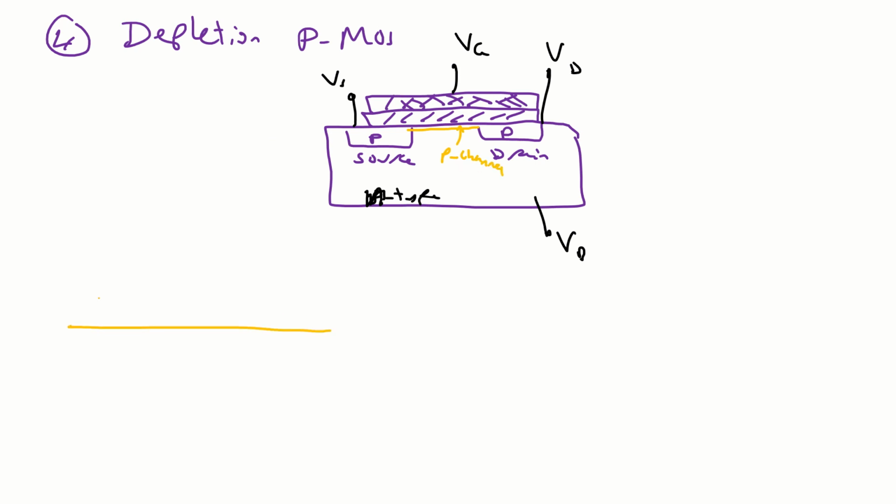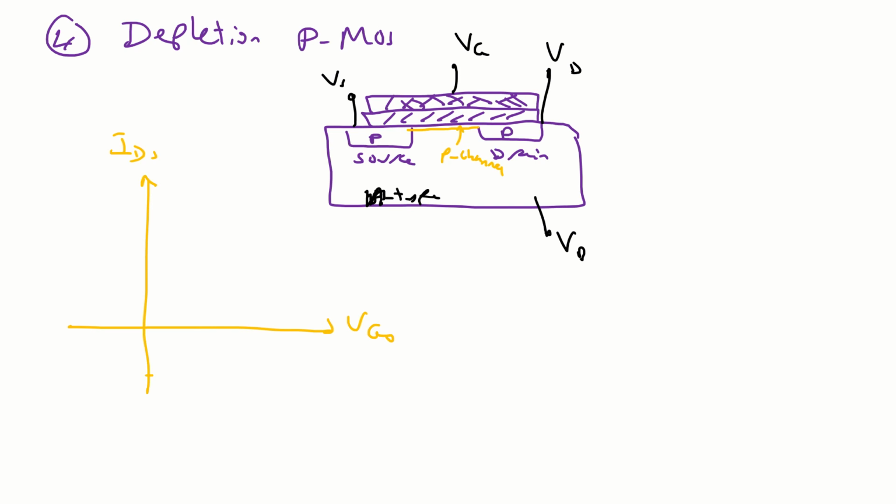Which means if you want to plot the relation between ID and VGS, first of all, since the positive charges are moving from the source to the drain, then the current would be from the source to the drain, which means IDS will be negative, in the third or in the fourth quadrant. Okay, now when VG is 0, when we don't apply any voltage at the gate, do we have any chance to have a current between the source and the drain? Yes, and this current will be negative, so I'll put it here.